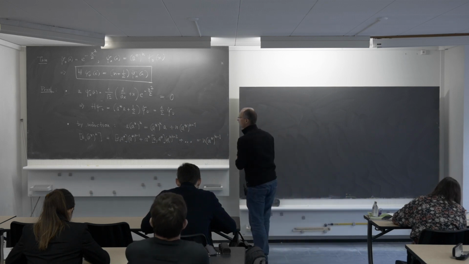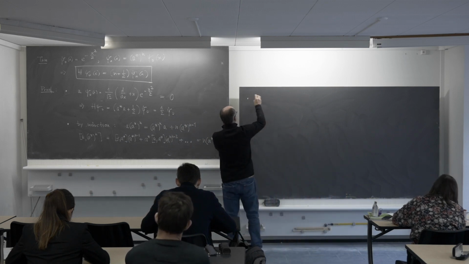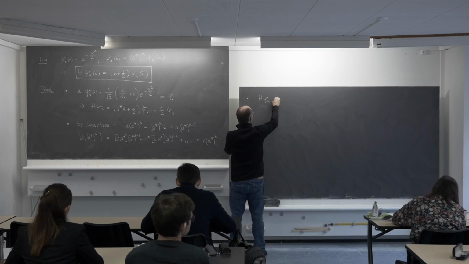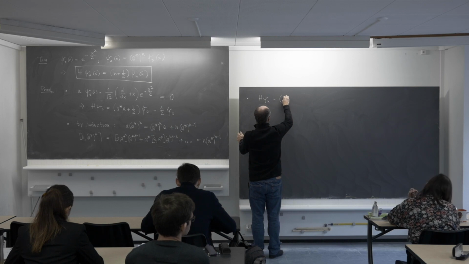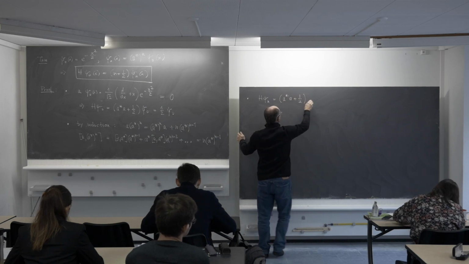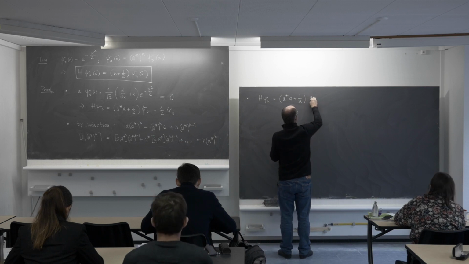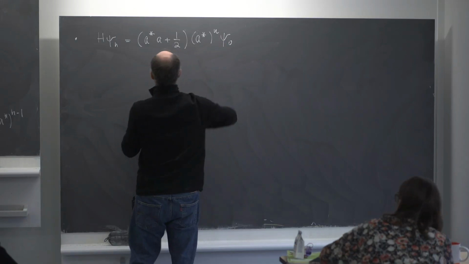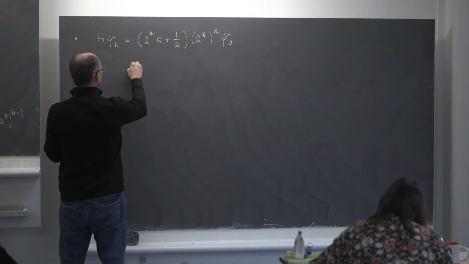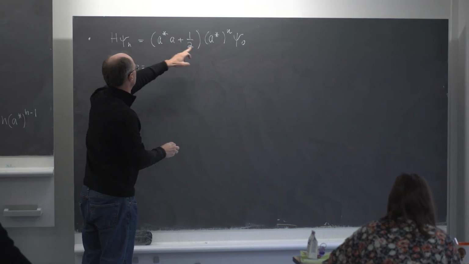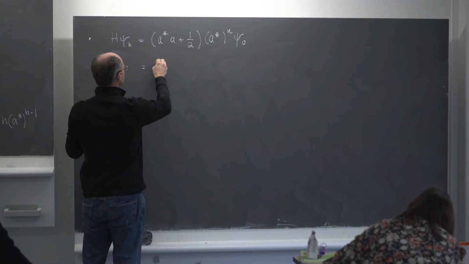Okay. Now I apply h to psi n. This is equal to a star a plus 1/2 acting on a star to the n psi naught. Here I can use the identity that I proved before.